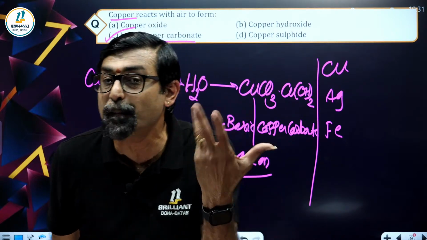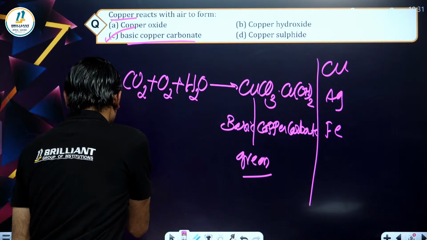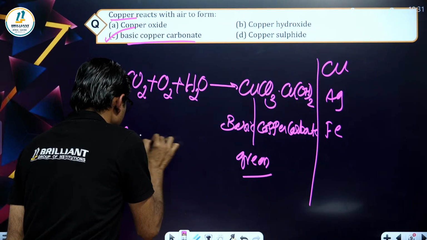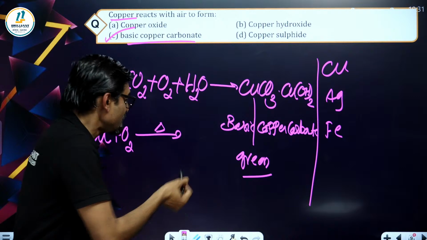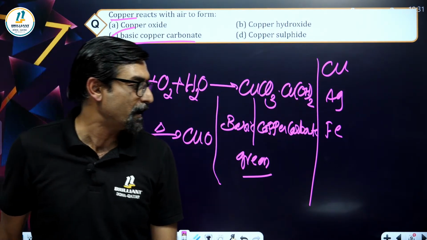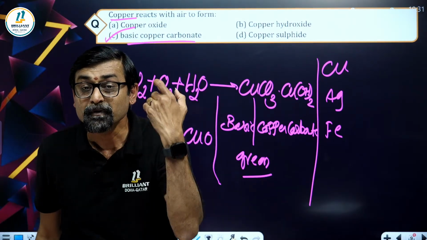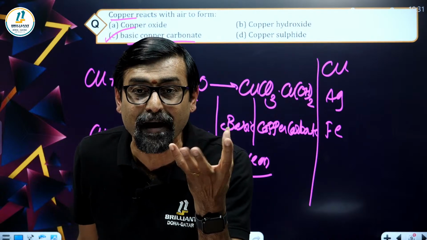Whereas what happens if copper is heated? Copper plus oxygen on heating gives rise to black colored copper oxide. I could see some children giving the answer black.